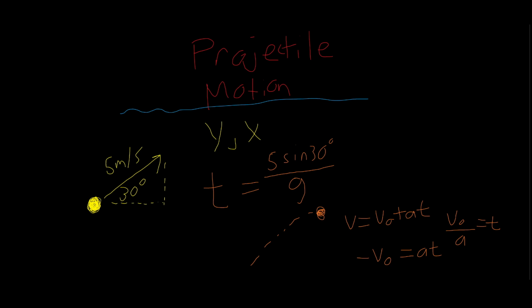And then we're going to multiply this all by 2, since it's going up and then down, that's 2 of these time intervals, I guess you could say. And the reason the negatives cancel out, in case you're wondering, is because technically this would be negative v naught, and this would be negative a, because the acceleration is moving in the opposite direction of the initial velocity.